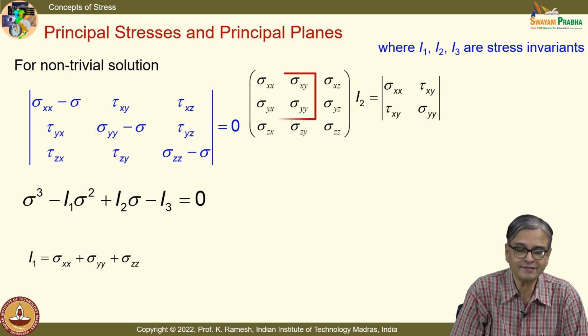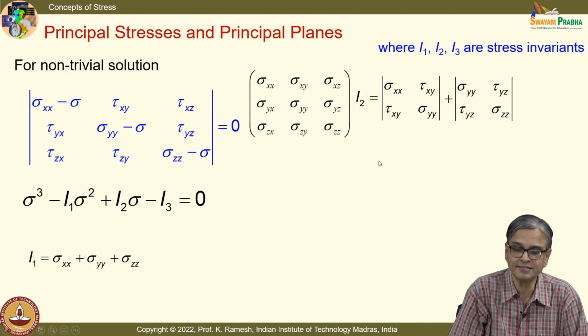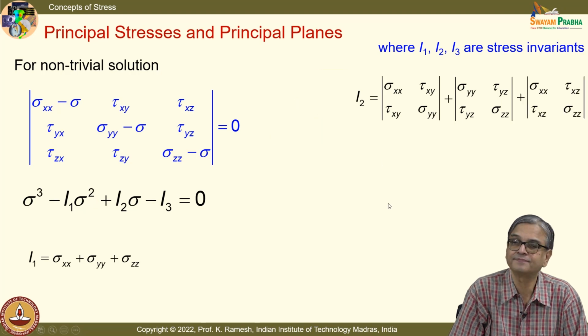I2 has sigma x, tau xy, sigma yy taken as the first 2 by 2 portion of this 3 by 3 matrix, plus this portion of the matrix, sigma yy, tau yz, sigma zz, and all the 4 corner elements.